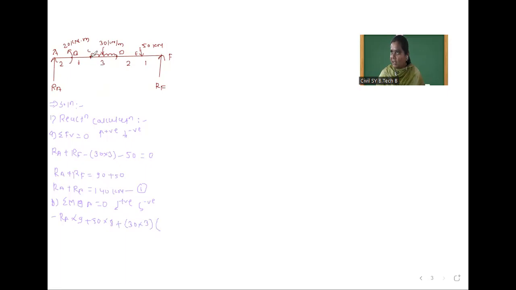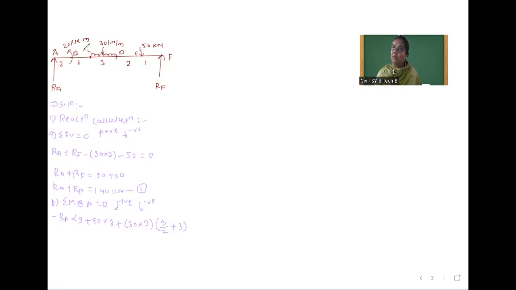It will act at its CG, but we have to consider this 2 plus 1 distance again, because we are calculating moment at A. Look, we are calculating moment at A point, okay? The CG is at half of the span, but since the moment is taken at A, we have to consider the distance from C up to here. So plus 4.5.